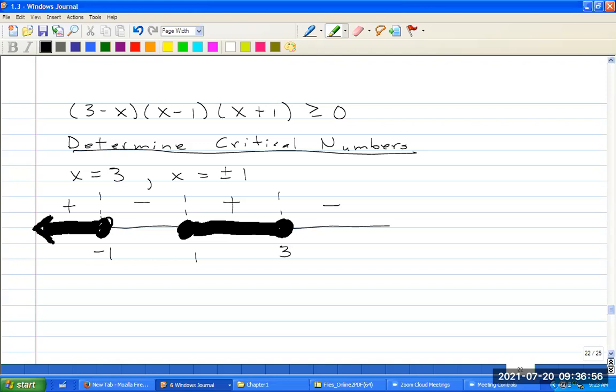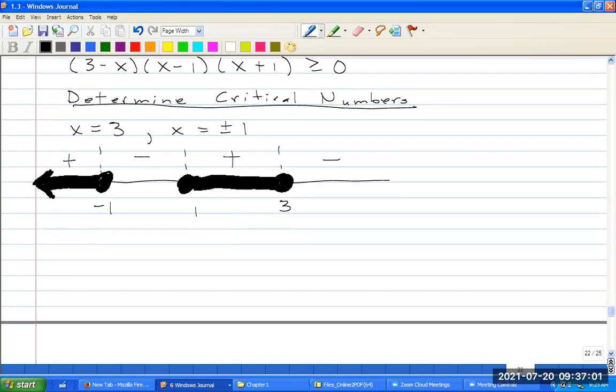And so the domain of f times g is negative infinity to negative 1, union 1 to 3. And of course, what you notice is that this is the same as before, because the domain of f plus g, the domain of f minus g, and the domain of f times g are all the same. So obviously we should get the same answers.